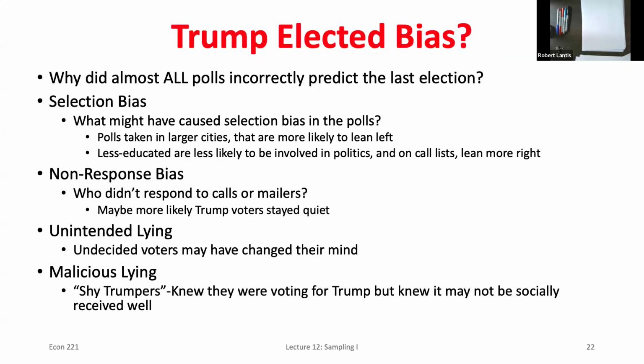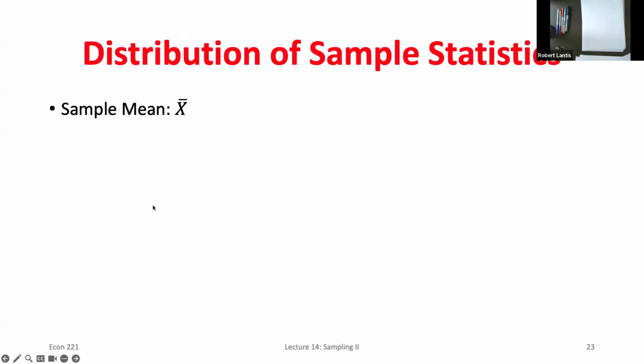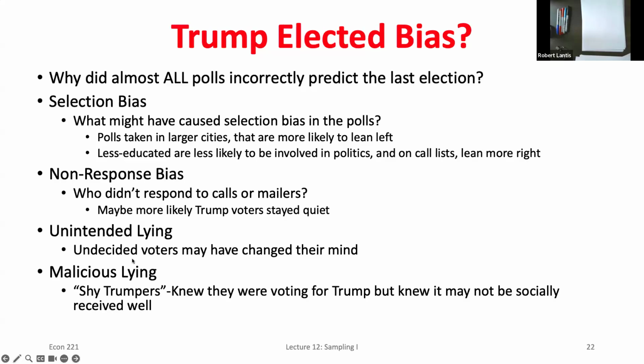So anytime we're thinking about political polls, you really have to stop and think about what types of groups are more likely to end up in these polls, how might certain groups be underrepresented, and do those groups tend to vote more Republican or Democrat? That's our selection bias. Non-response bias: if one of the candidates has a bit of a stigma associated with them, you might be less likely to get the people who are going to vote for that candidate to respond to your survey. And always be thinking about which way the bias might go as well.